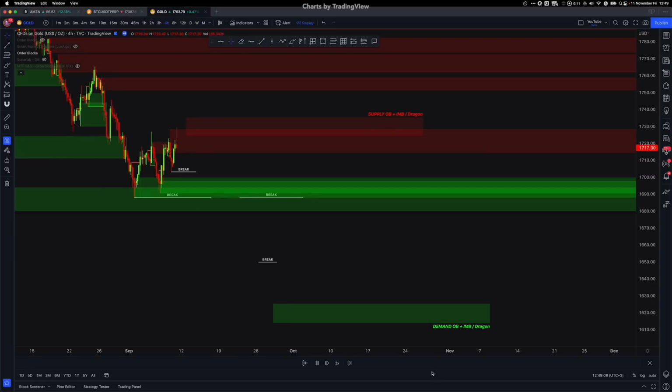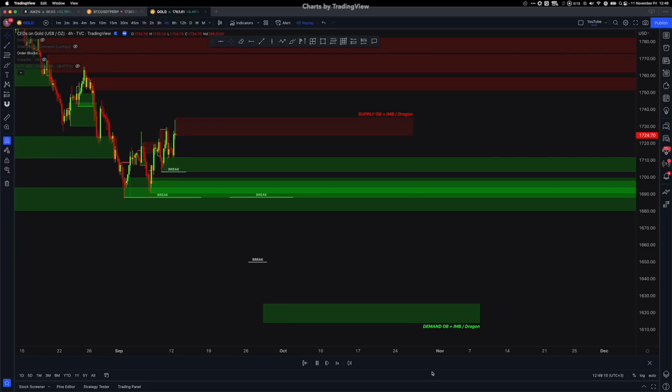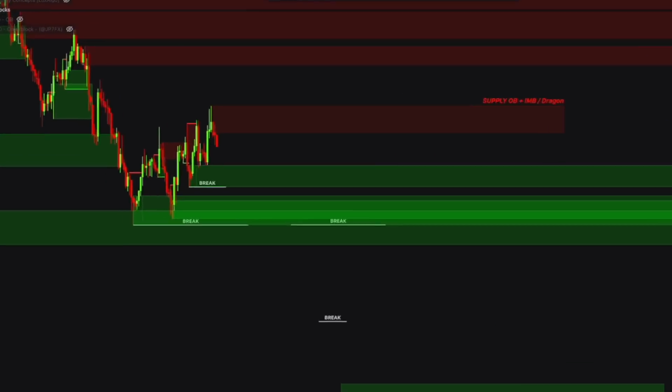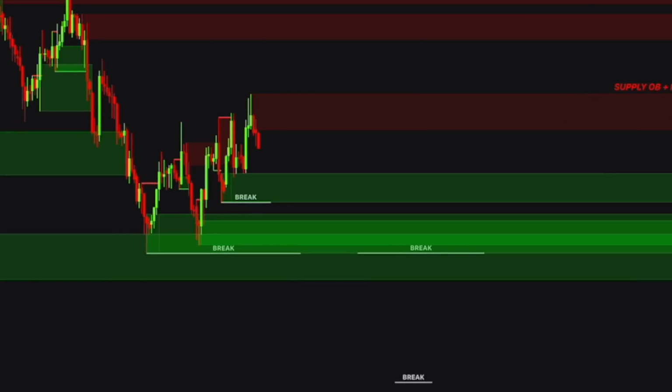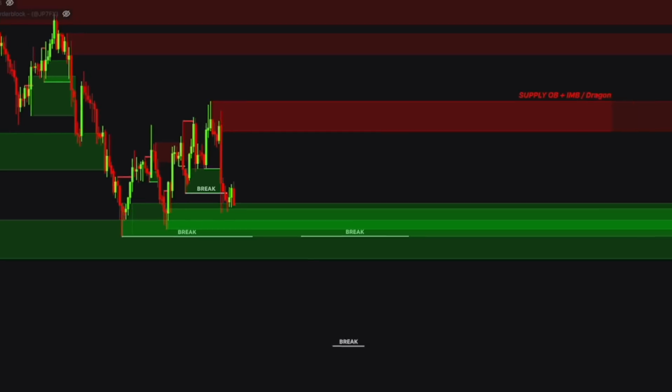Now I want to stop for a moment. As you can see, this indicator is very sensitive. It is not wrong, it just identifies every micro break and order block, and it does a really good job. If you are into quick in and outs, this indicator could be more useful than the first two indicators.